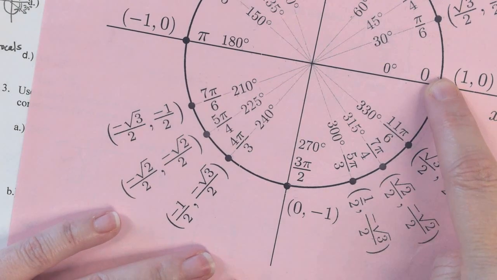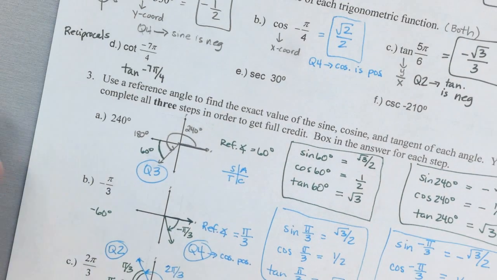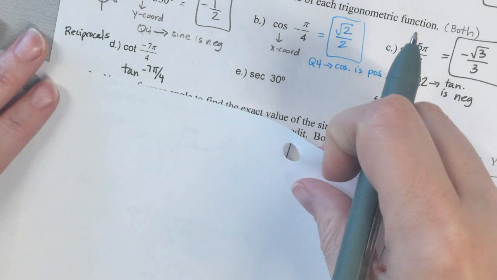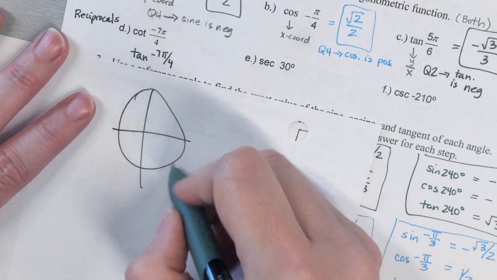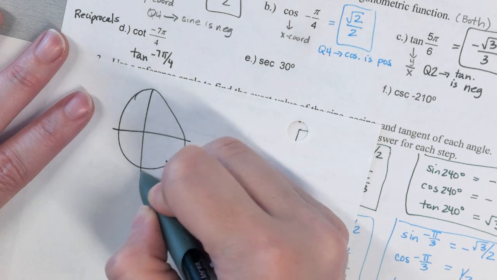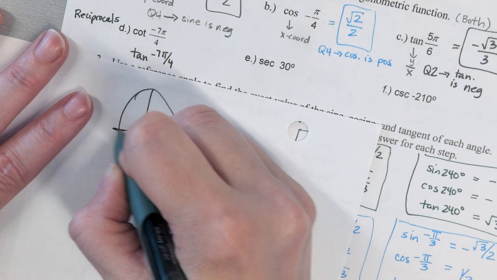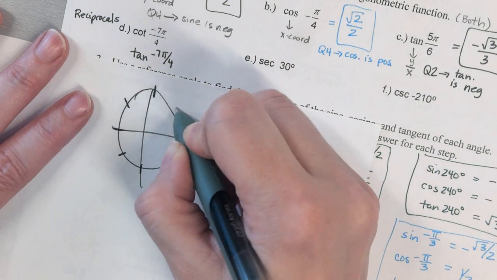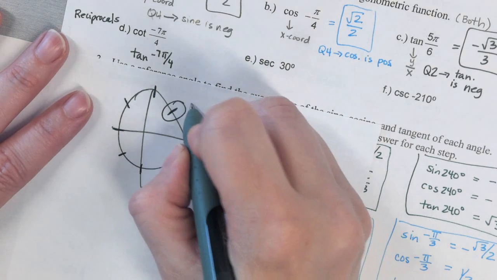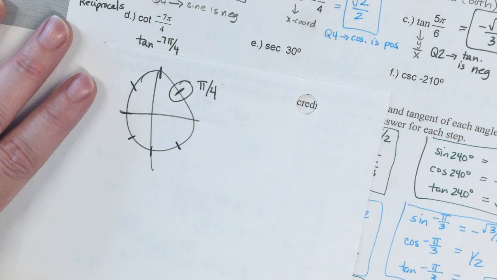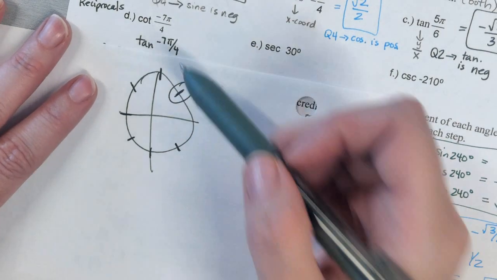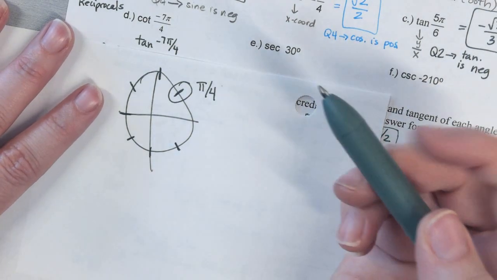Actually, I think it's easier to count without looking at it, sorry about my circle. You're going 45 degrees: 1, 2, 3, 4, 5, 6, 7. Where is this? At pi over 4 in the first quadrant. So this is the same thing as the tangent of pi over 4.